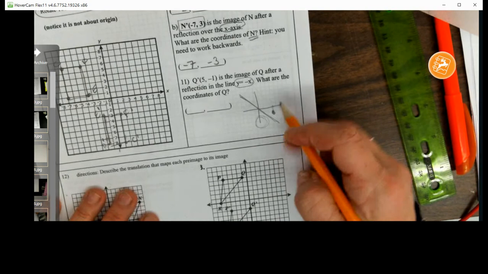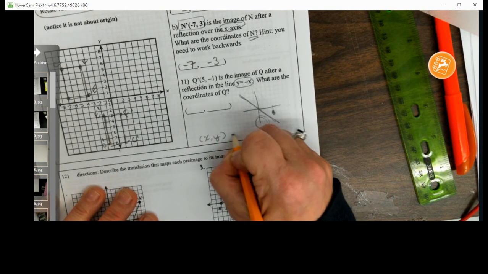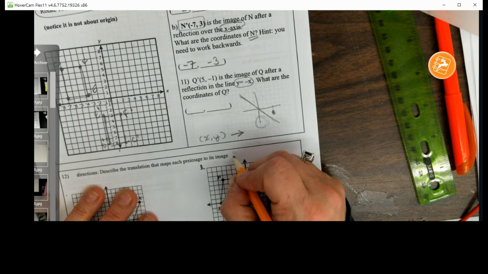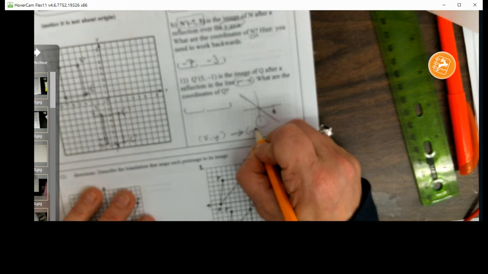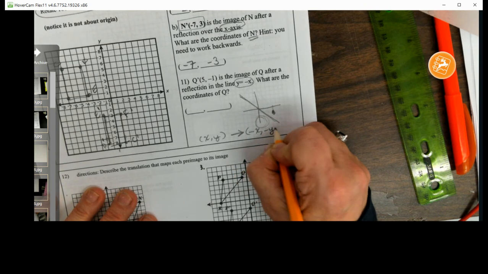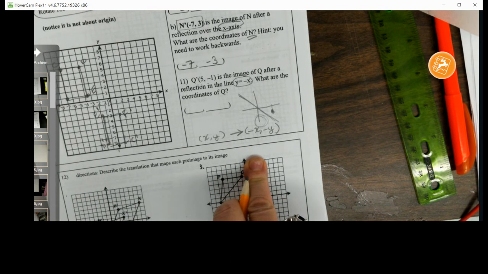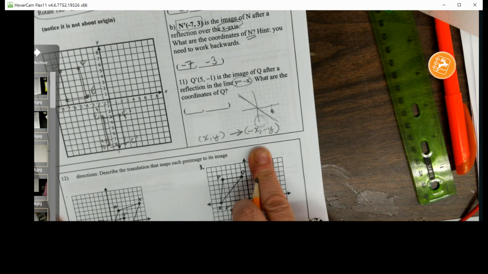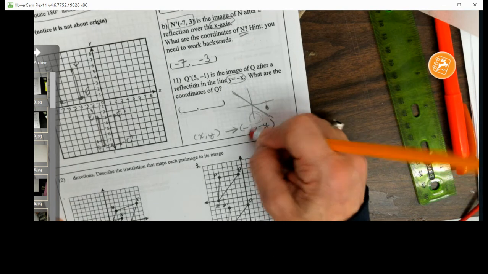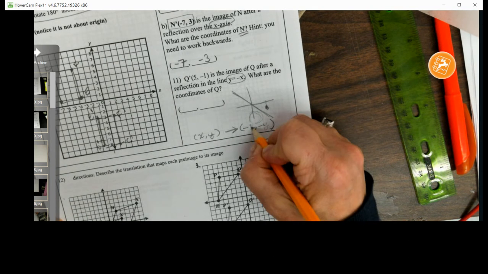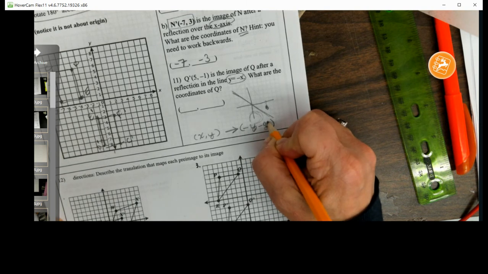When you reflect over, we have x, y, and the rule becomes negative y, negative x.